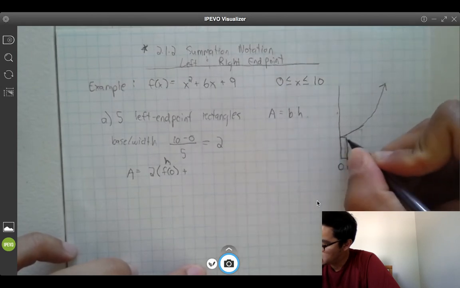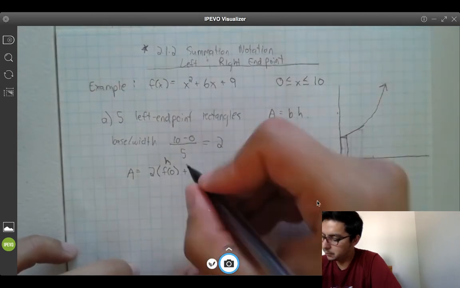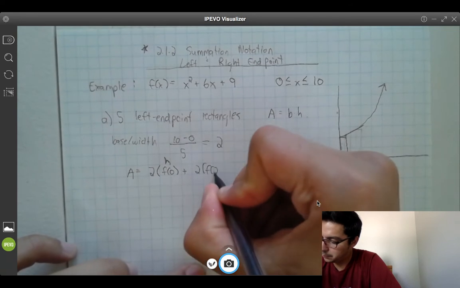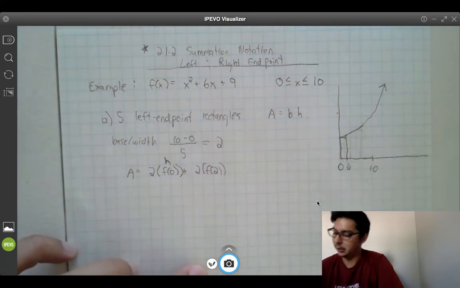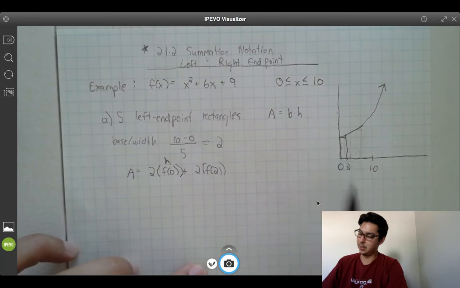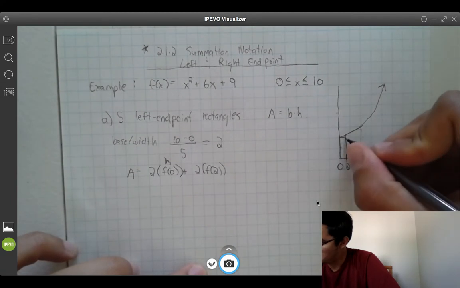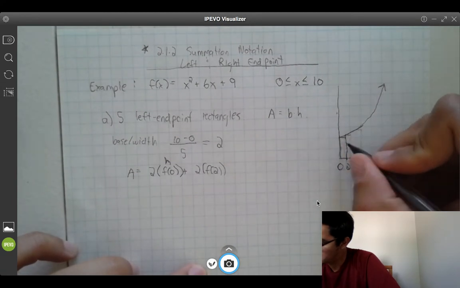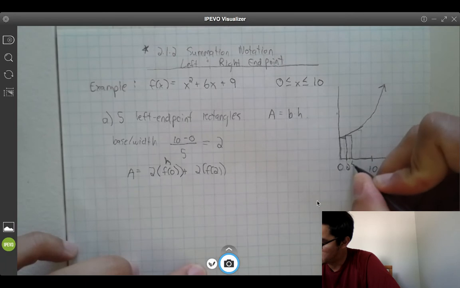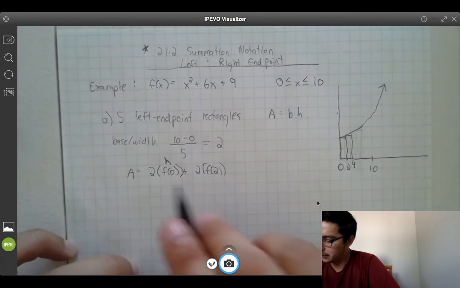Then my next rectangle will be at f of 2. And notice that it's still a width of 2. So I go over at 2, I go up to the curve and over a width of 2, which gets me to 4. So now I have 2 rectangles.